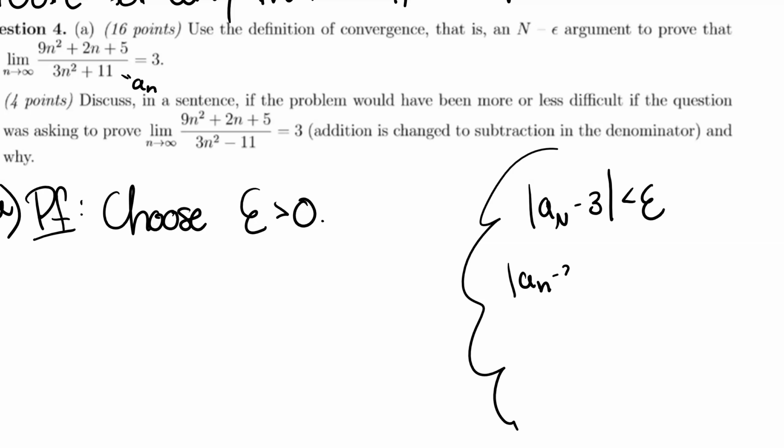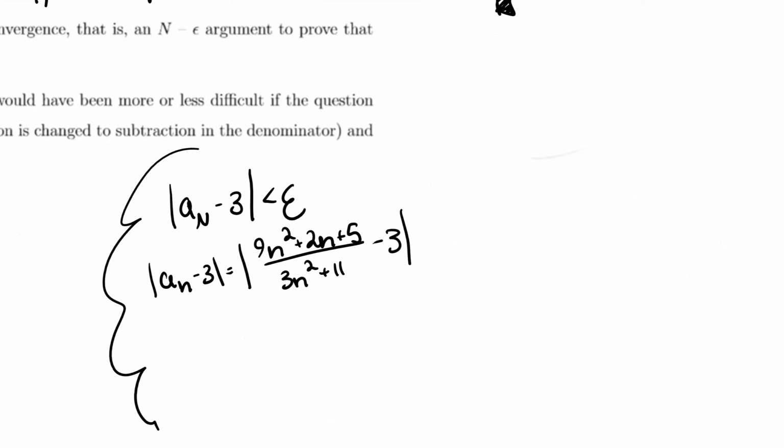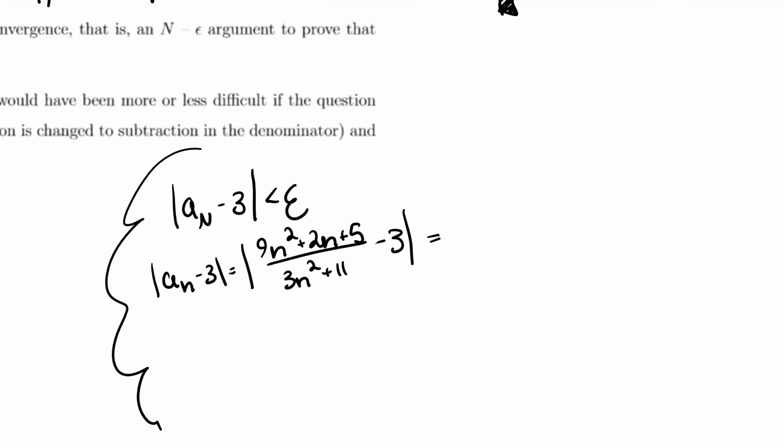All right, so let's first just consider this. What is that? 9n squared plus 2n plus 5 all over 3n squared plus 11, minus 3. All right, so common denominator. I know it looks hideous, but we got to do what we got to do.